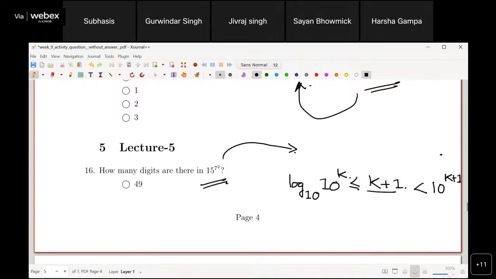To get the number of digits of this integer, you just need to work with log base 10. If you take log base 10, you will get k, certainly not k plus 1. So for that you have to add one more thing to get the number of digits of this integer.